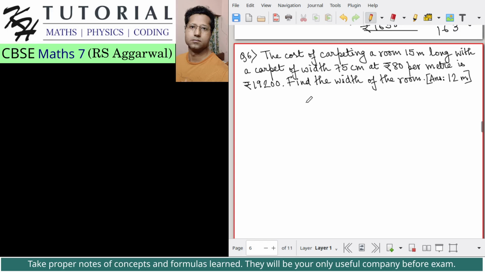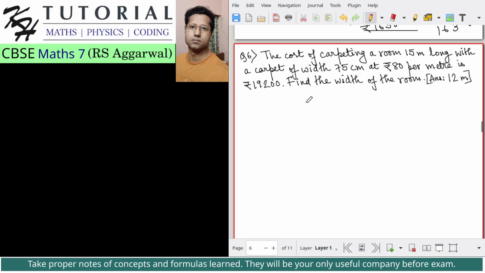Now, these are basically word problems, and you must be well aware of the concept from the chapter of solving linear equation in one variable. One good application of linear equation in one variable is solving word problems.